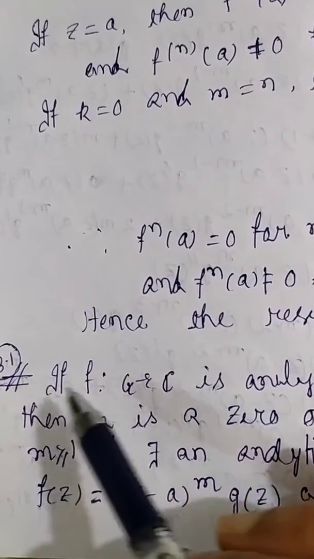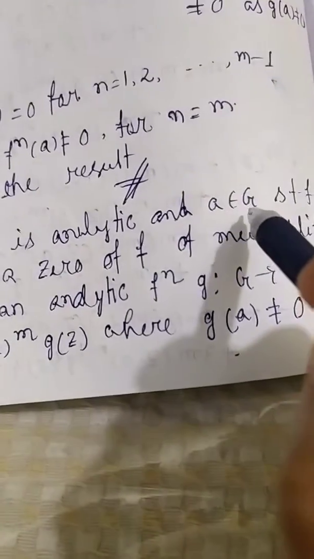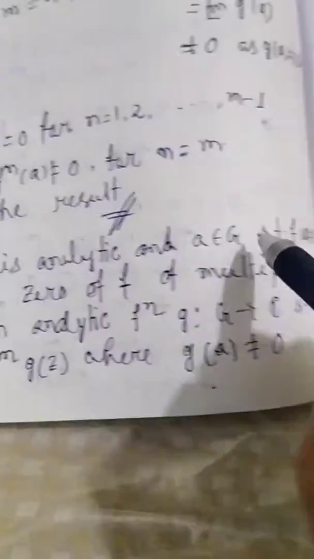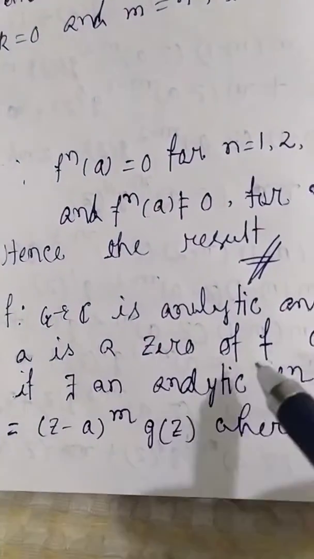So in 3.1 we have this definition. It is given that if f is an analytic function and a belongs to G such that f of a is equal to 0, then a is a zero of f.